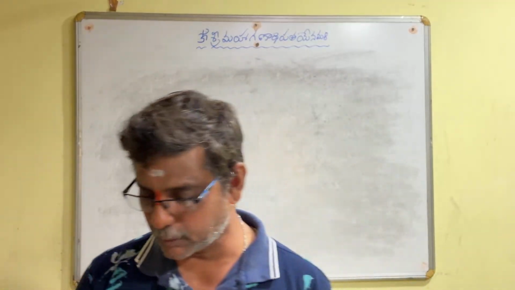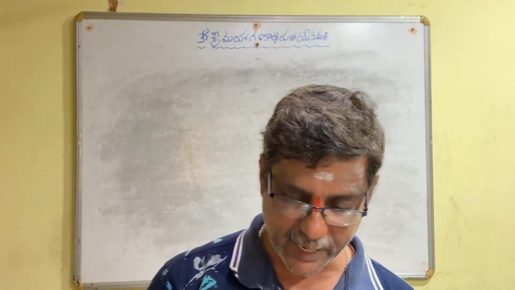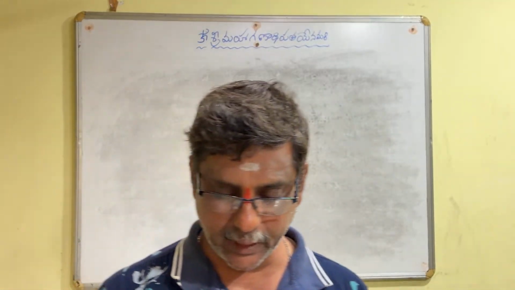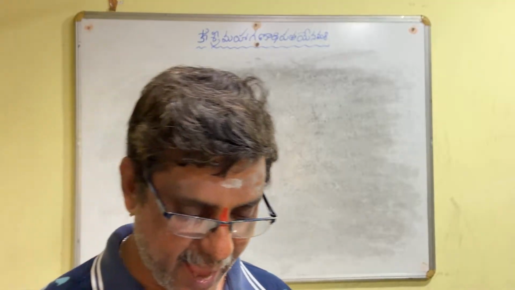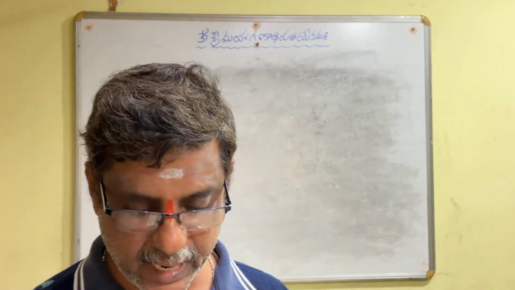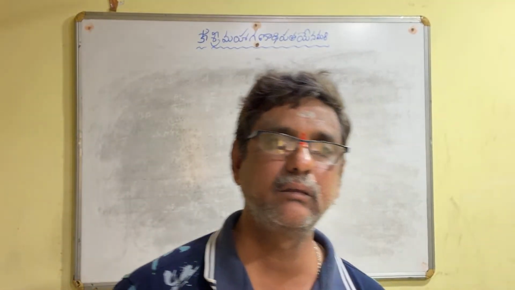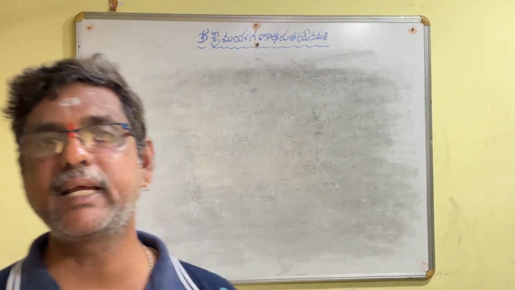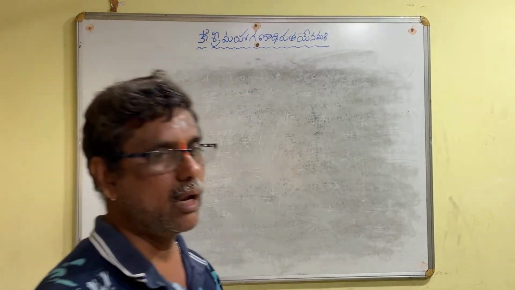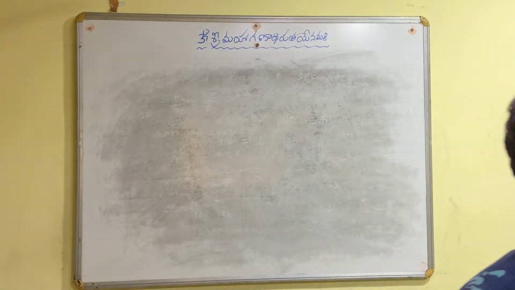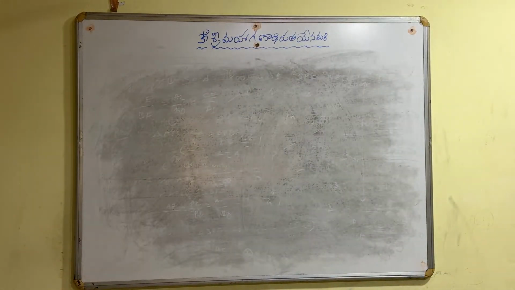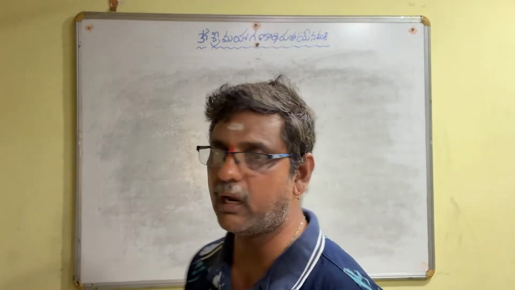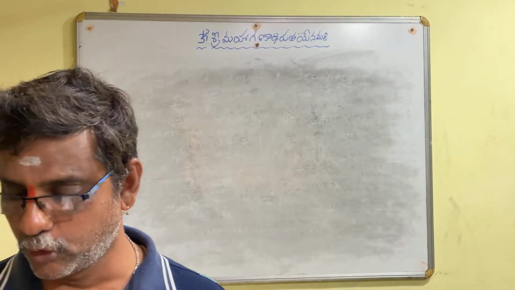Find the mass of the pole given that 1 centimeter cube iron has approximately 8 grams mass. 1 centimeter cube volume of iron weighs 8 grams. We need to find out the total weight of the pole.